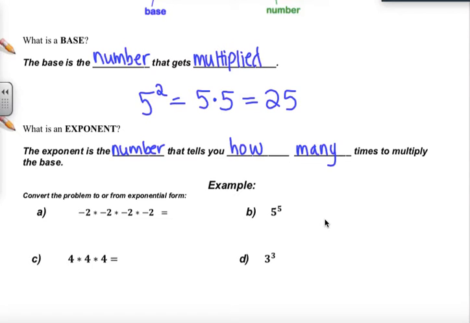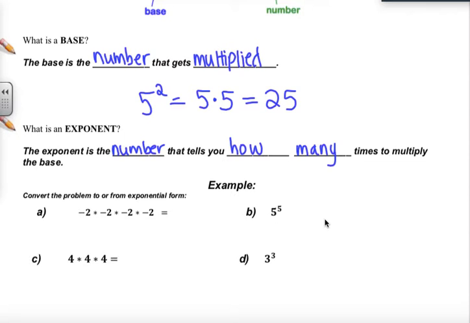The exponent, the little number that's above it, is going to be how many times you multiply the base number by itself. What we can do is take expressions and put them into exponential form, or we can take exponential form expressions and expand them into long mathematical expressions. In letter A, we're converting this problem, which is -2 times -2 times -2 times -2, and we're going to rewrite it.